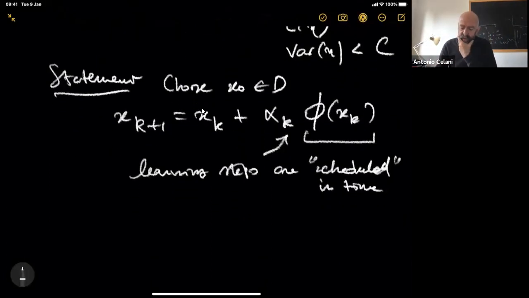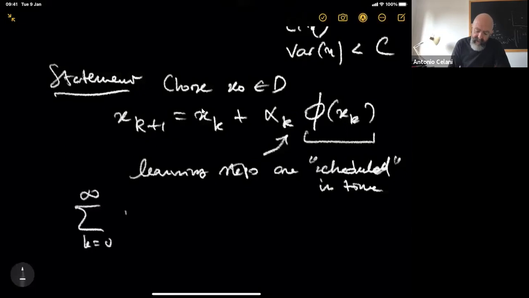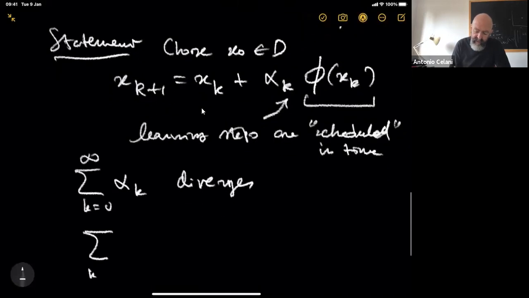So I'm going to make the statement now, and the statement is that the right way to choose these learning rates is to ask that the series with k going from 0 to infinity of this alpha k diverges, and the series from 0 to infinity of alpha k squared converges.